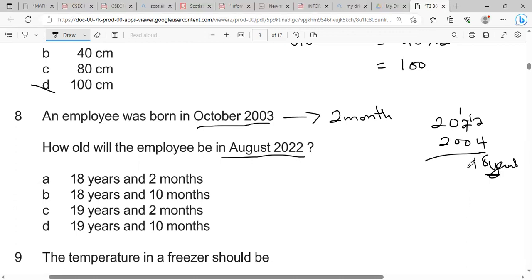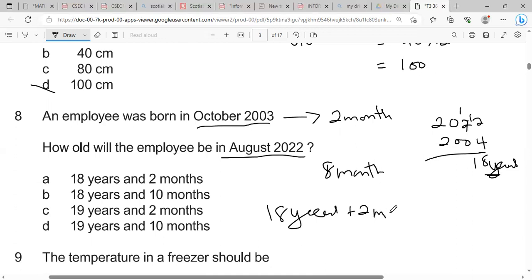All right. So we have 18 years plus, to reach August, we're going to get an additional 8 months. So that means it's 18 years plus the 2 months that was off the October.